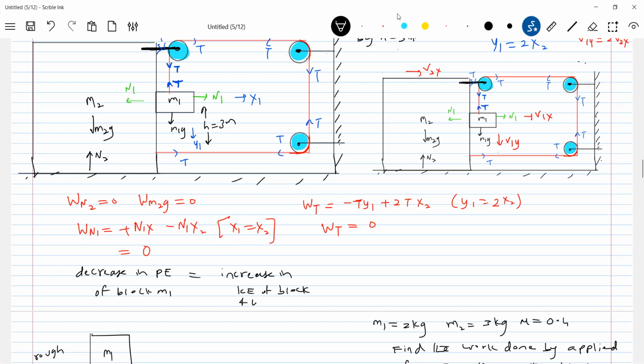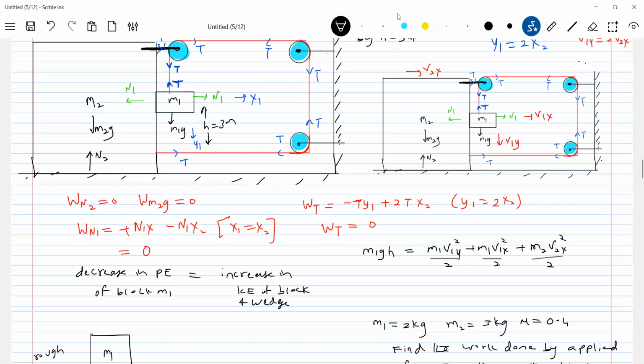So what is the decrease in potential energy? M1gh. That's what we took, no? That should be equal to M1 v1y square plus M1 v1x square plus M2 v2x square.